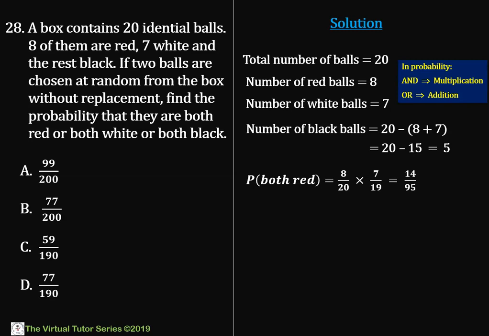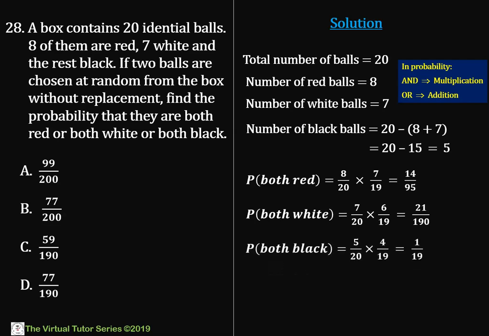The probability that both of the balls are white is 7 over 20 times 6 over 19, resulting in 21 over 190. And the probability that both of the balls are black is 5 over 20 times 4 over 19, which is 1 over 19.